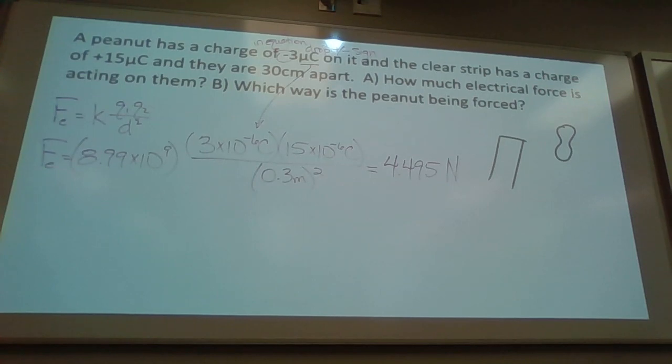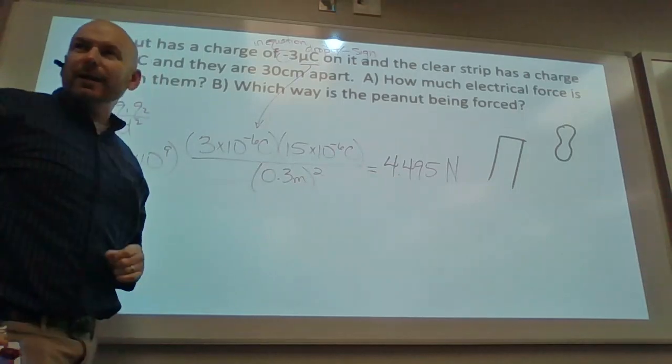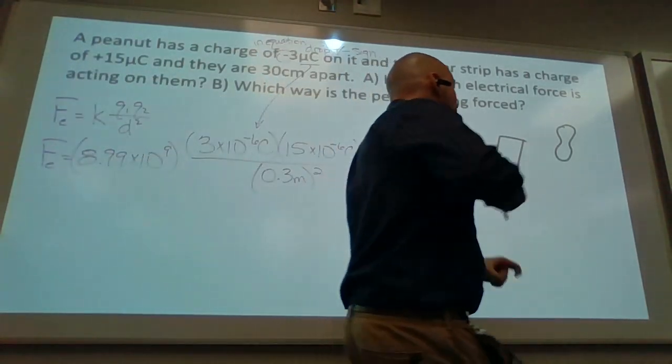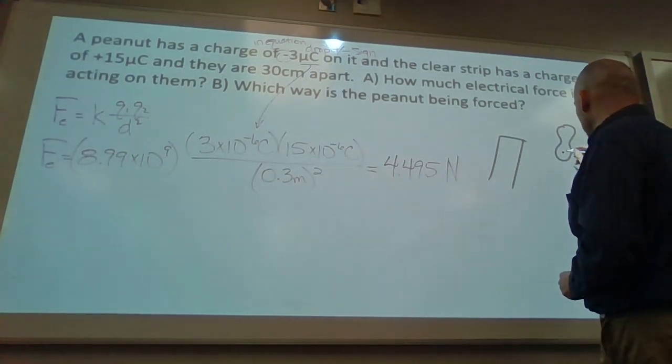All right, so that's the strength of the force. Now, which way is the peanut being forced? So is this going to be attraction or repulsion? How did you know it was attraction? This is where you look at the sign on the charges. You're like, hey, look, they're oppositely charged. They must be attracting. So which way is the peanut being attracted? Right or left?